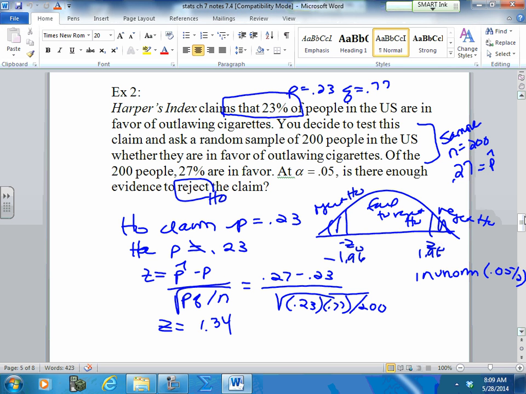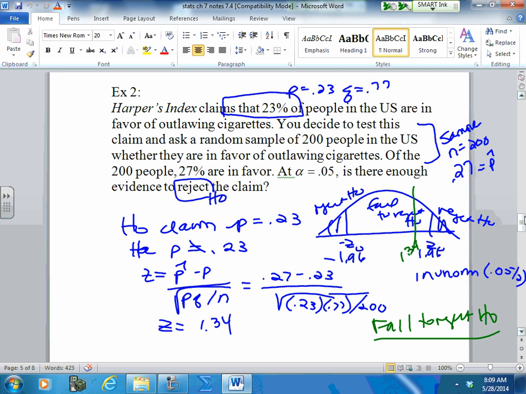So where does this fall in terms of our curve? Somewhere here, in the fail to reject region. So our decision is fail to reject H0. This is your decision. You go back and you look. If you fail to reject the H0, do you agree with the H0 or not?